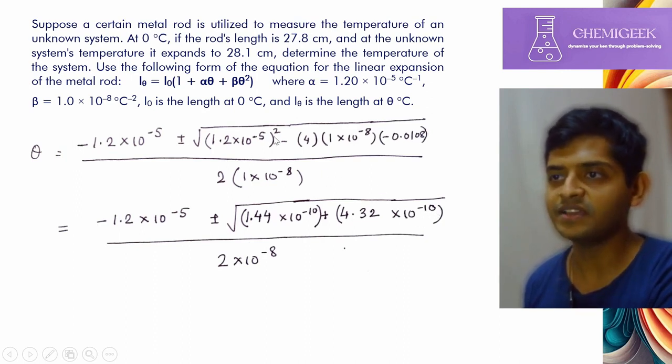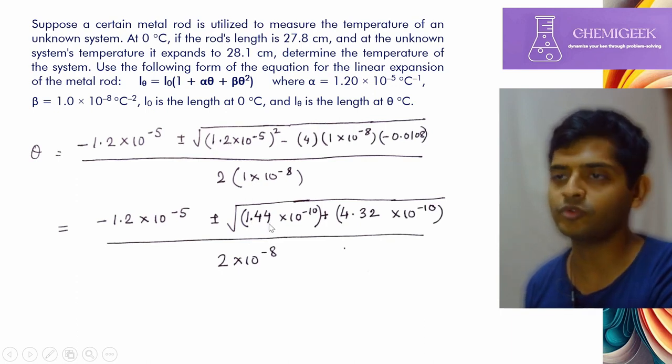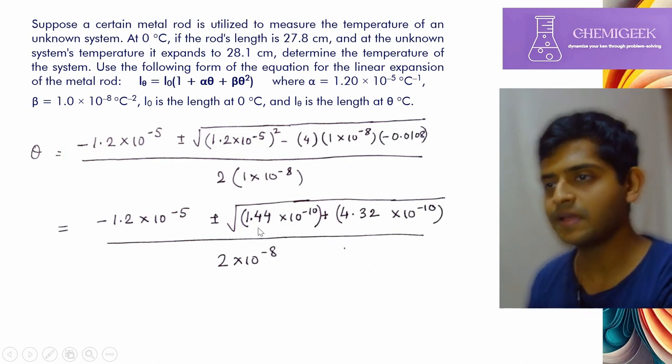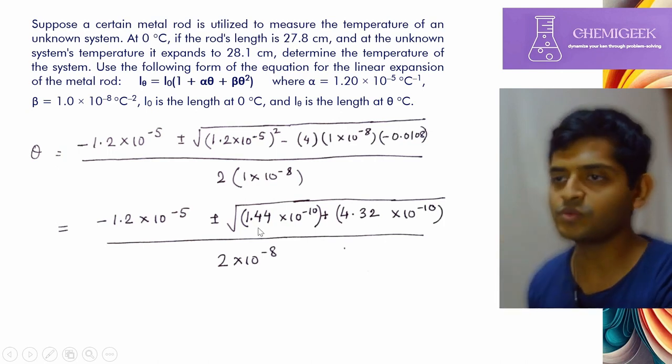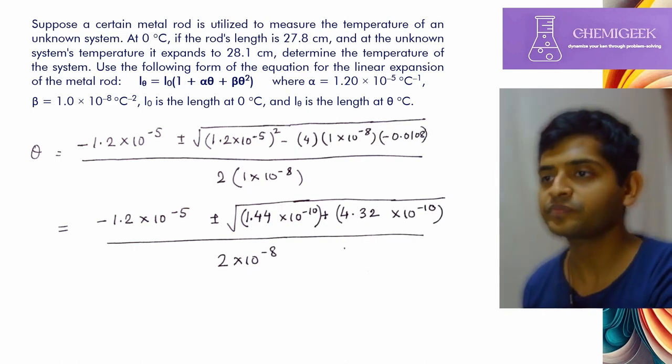Now on this side, if we square the whole thing, that is 1.2 into 10 to the power minus 5 squared, this 10 to the power minus 5 becomes 10 to the power minus 10, and 1.2 becomes 1.44, because there is only one decimal place, so its square will have two decimal places. That is the square of 1.2.